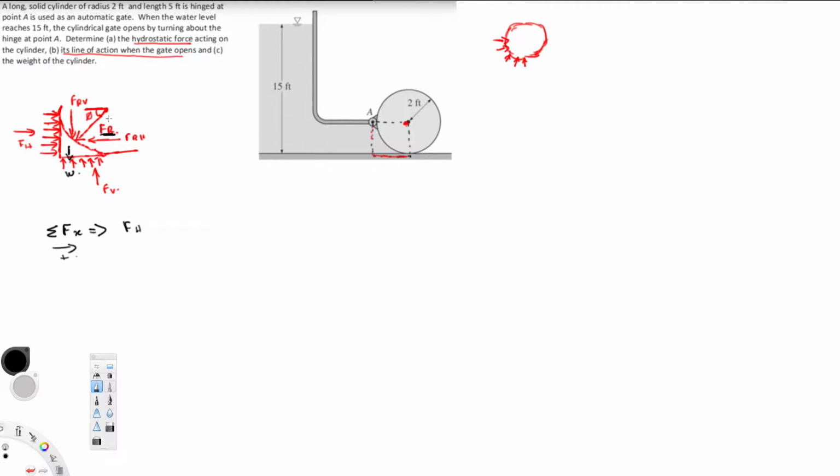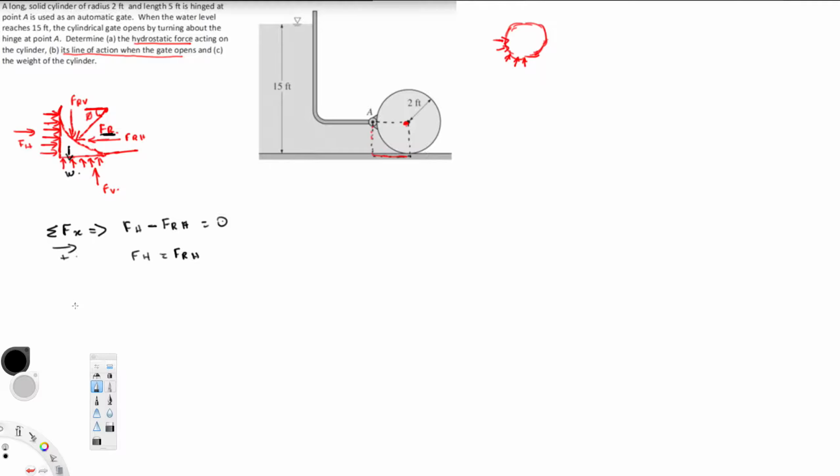The reaction force exerted by the cylinder on the water has a horizontal component in the negative direction, FRH, and that is equal to 0 in equilibrium, and therefore FH is equal to FRH.